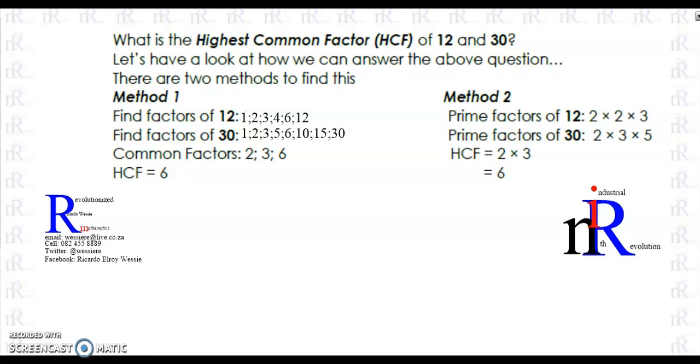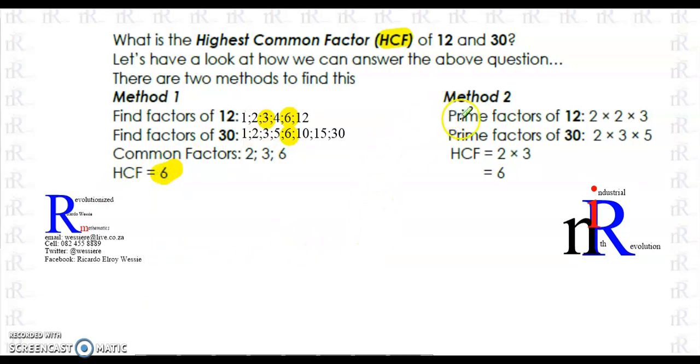Find all the factors of 30: 1, 2, 3, 5, 6, 10, 15 and 30. The ones that are common are 2, 3, 6. But the highest common factor we refer to is 6.